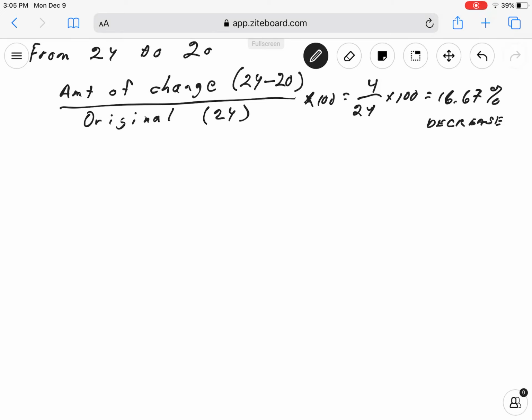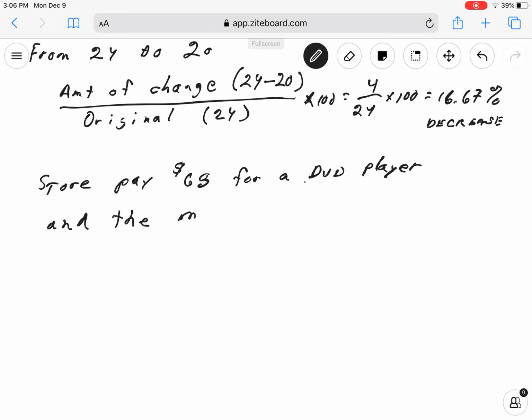So, for example, a store pays $68 for a DVD player, and the markup is 35%, and we want to know what is the selling price.